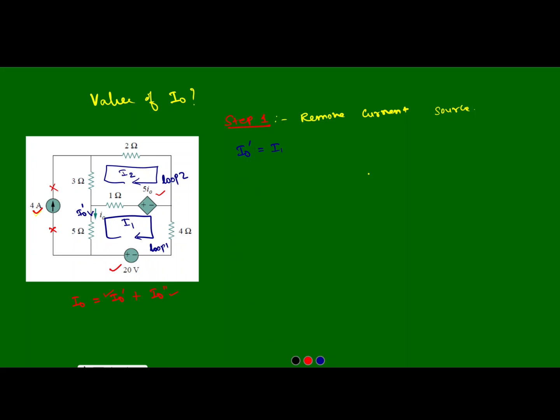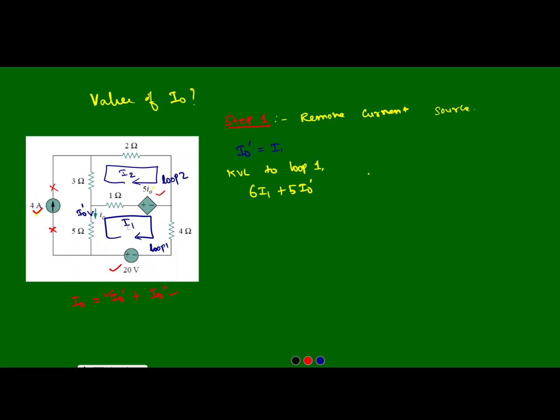Now when we are applying the KVL to the loop 1, in this, the 5 ohm resistor and 1 ohm resistor are in series, so we can write 6I1. Initially it's meeting the positive terminal of the dependent source, so we can write the dependent value 5I0 dash.